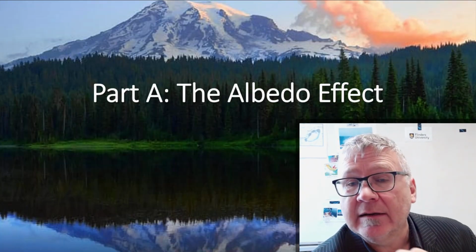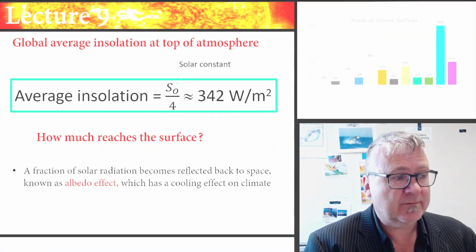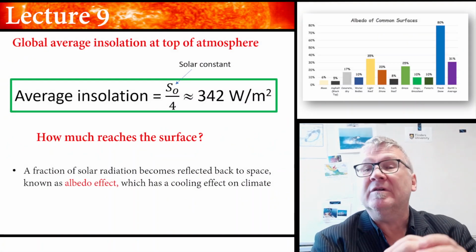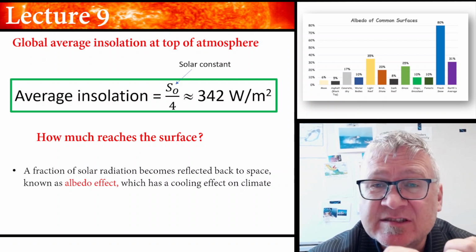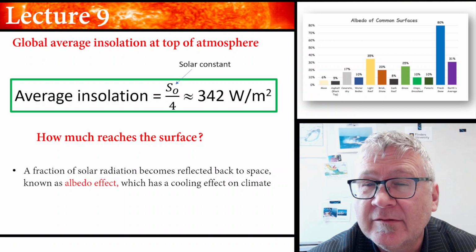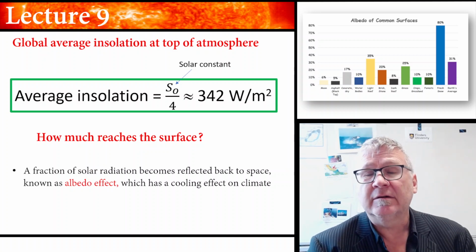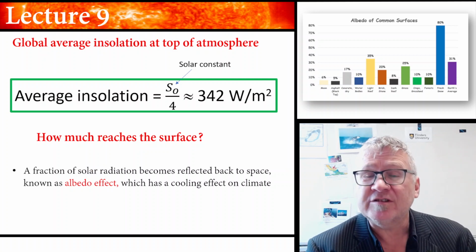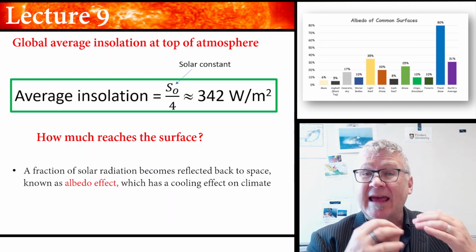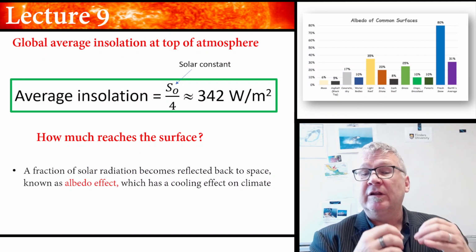Part A, the albedo effect. Albedo is simply the amount of solar radiation that a surface reflects. And the amount reflected depends on the optical property of a surface. Black surfaces have a low albedo.